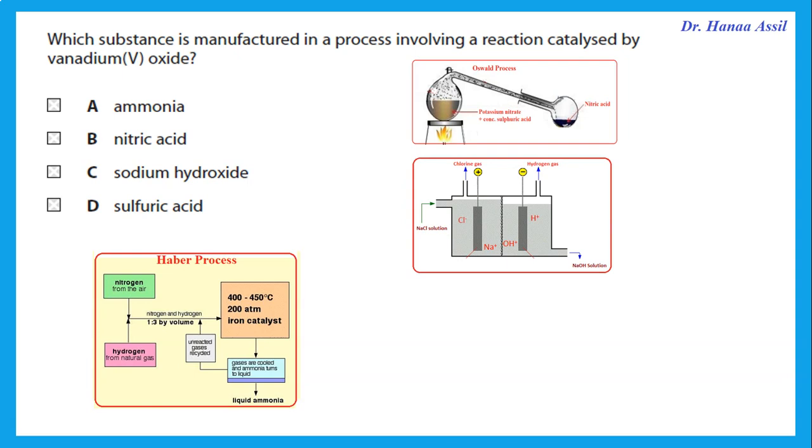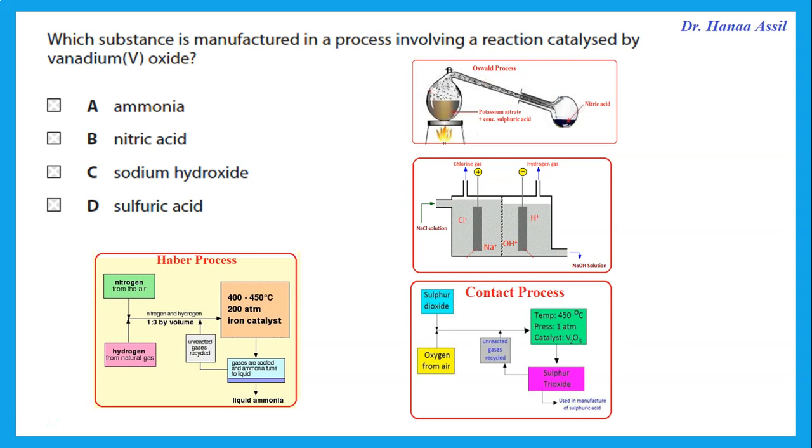To make sodium hydroxide, again, remember the sodium hydroxide is made by electrolysis of sodium chloride solution. This does not involve a catalyst. But what about to make sulfuric acid? To make sulfuric acid, we do a process called the contact process.